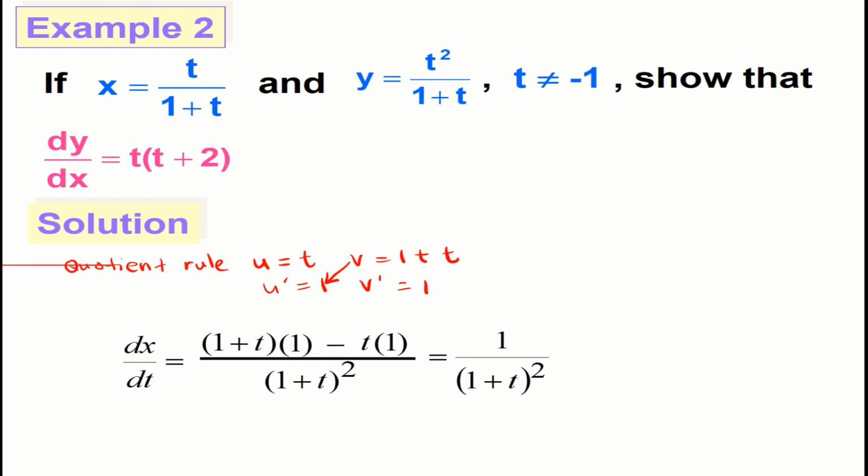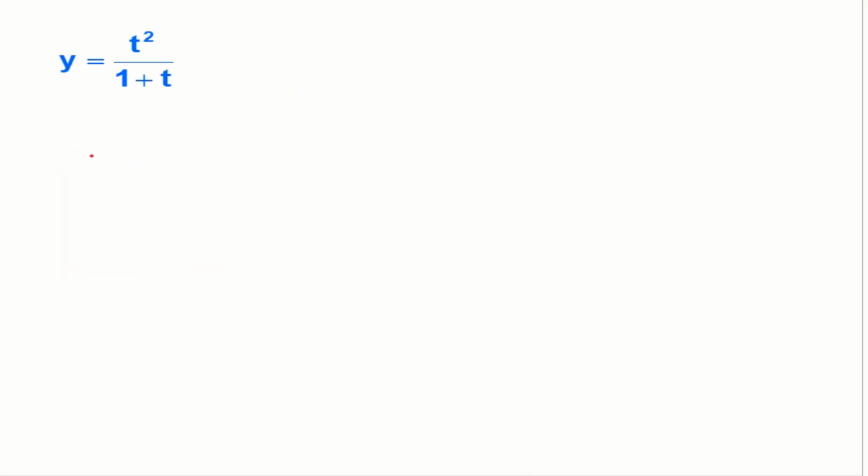Okay, for dy/dt, we can find it by differentiating y equals t squared over 1 plus t. Since y is in the form u over v, we can apply the quotient rule.